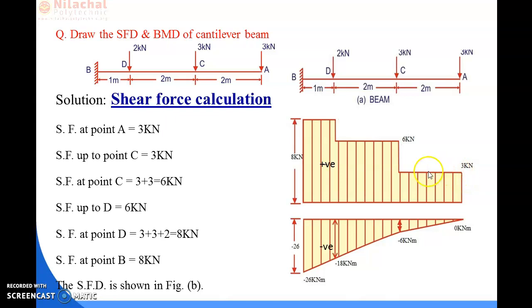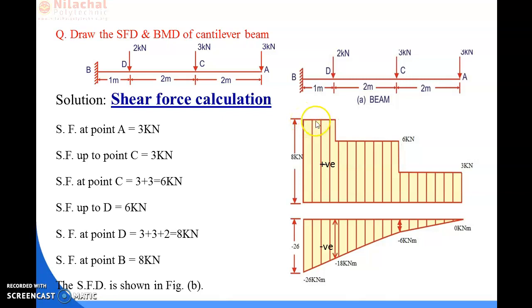Then it continues up to C as 3 kN, and at point C the value of shear force is 6 kN. So we plot a point here. Then this 6 kN again continues up to point D, which is here. Then at point D the shear force value is 8 kN, which is over here, and this 8 kN again continues towards the end of the beam, that is at the fixed end support.